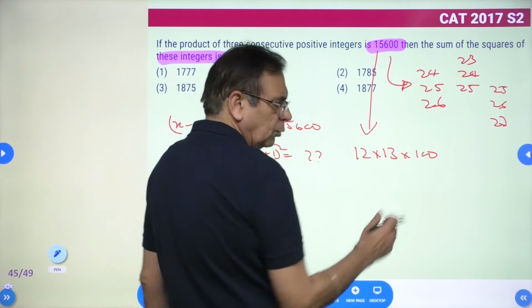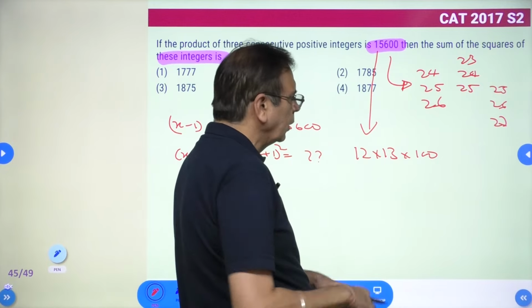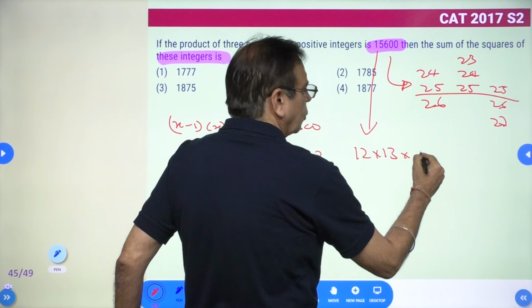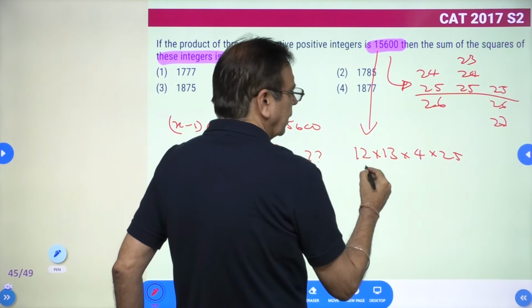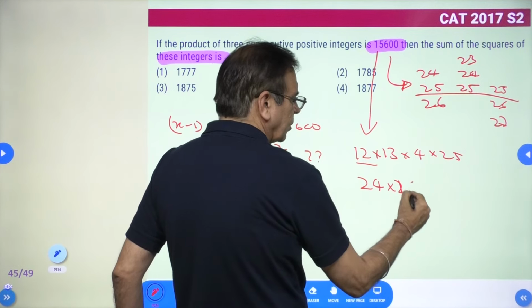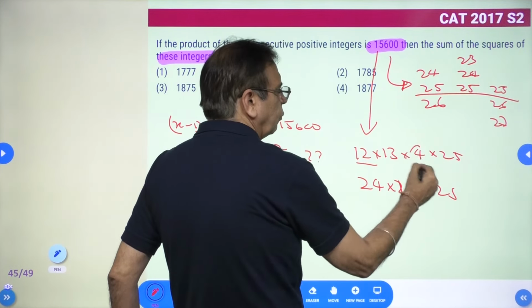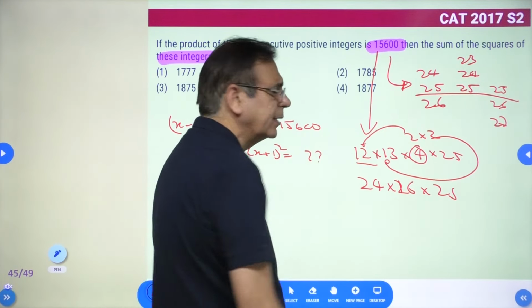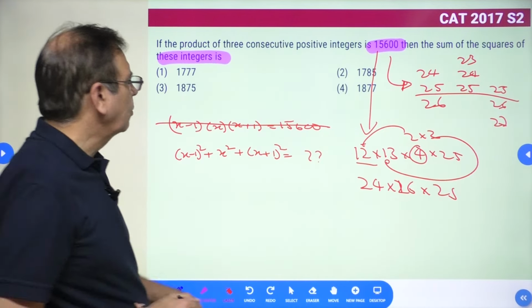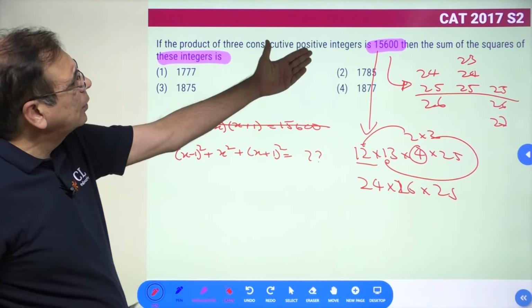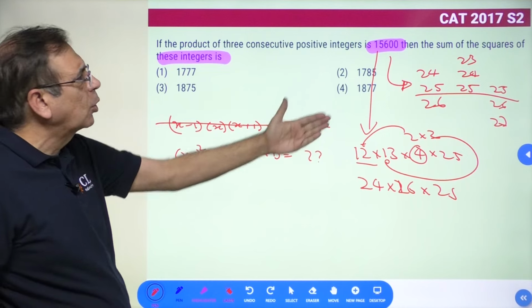And 100 I can write as 4 into 25, because 25 is surely in all three. So it is nothing but 12 into 13 into 4 into 25. I made the 4 into 2 into 2, gave one 2 to this and one 2 to that. If you are solving this equation, you will end up taking a CAT again. So please don't waste your time doing this. You need to look at the numbers and factorize or do an approximation.